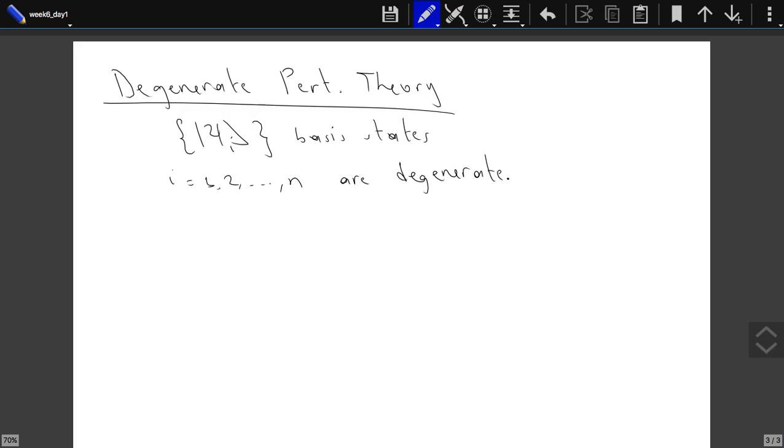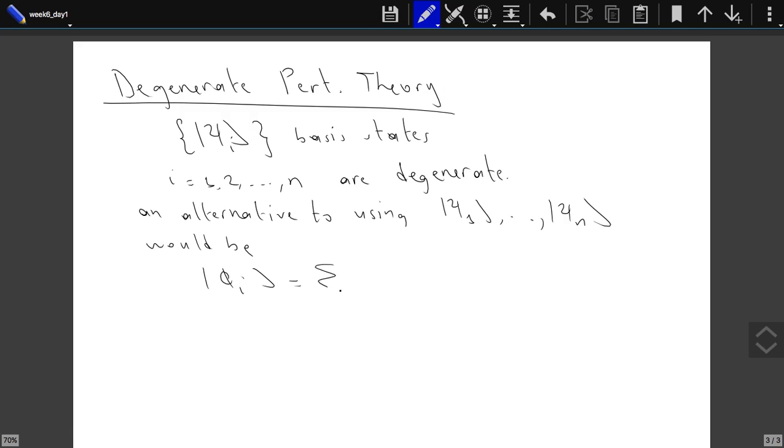If these are degenerate, an alternative basis to using psi 1 up to psi n would be to use, let's say, phi i, equal to a_ij psi j, with i and j from 1 up to n. Just take any linear combination of these n states.